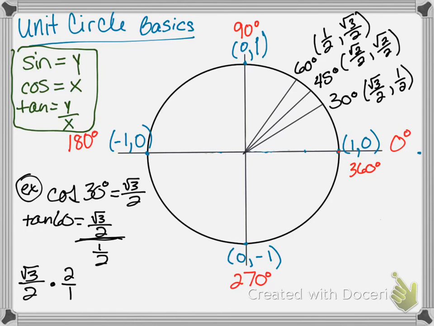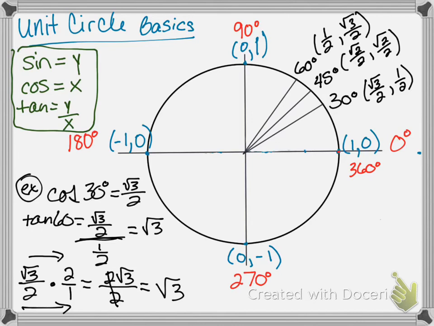You can either cancel the 2's or multiply straight across the top, straight across the bottom. So let's do it that way. And then I can cancel my 2's right here, and I'm left with just the square root of 3. So that giant compound fraction just turns into the square root of 3. So that is how we are going to solve our unit circle problems.